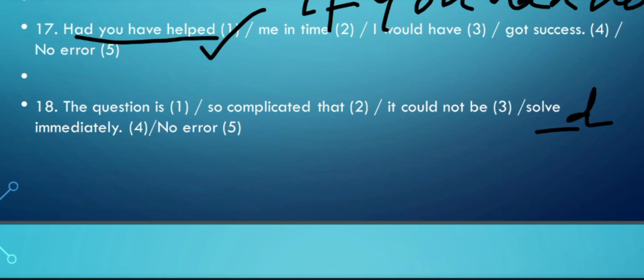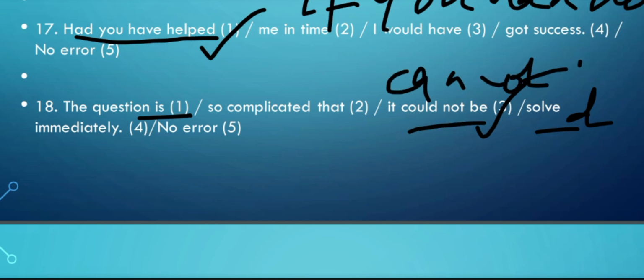It should be solved. It's a printing mistake, and the error we have detected in part 3 because the question is in present tense, so complicated that it cannot be solved immediately. Is this clear to all?